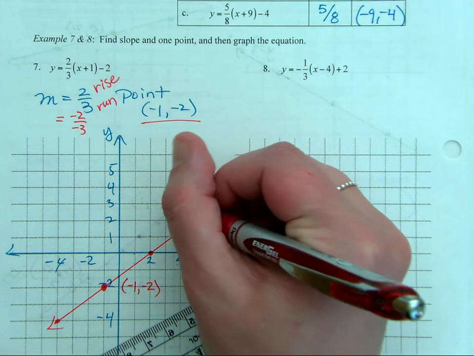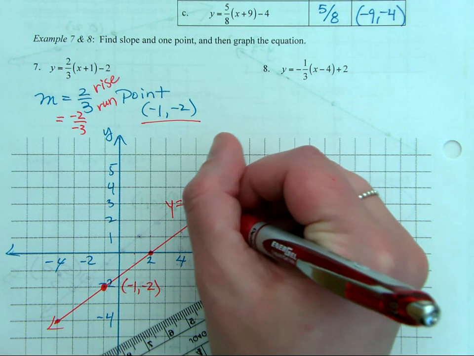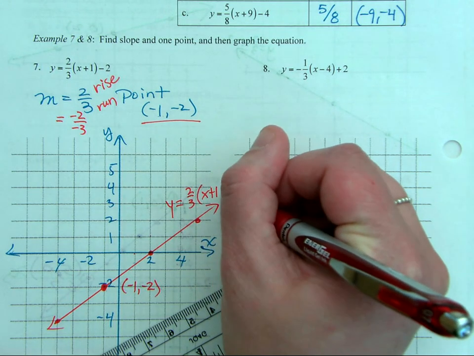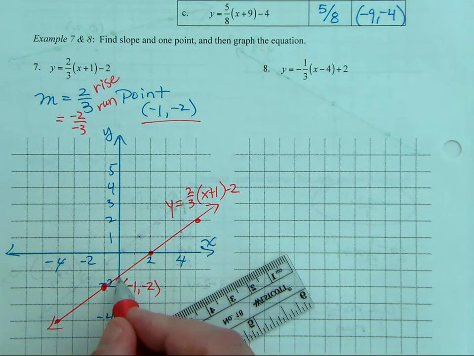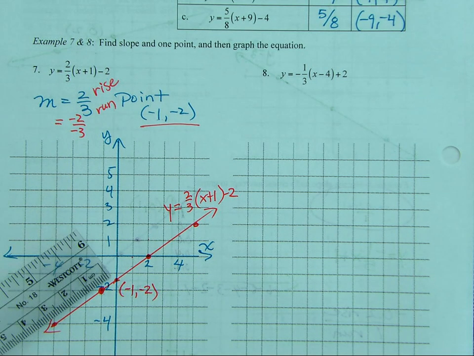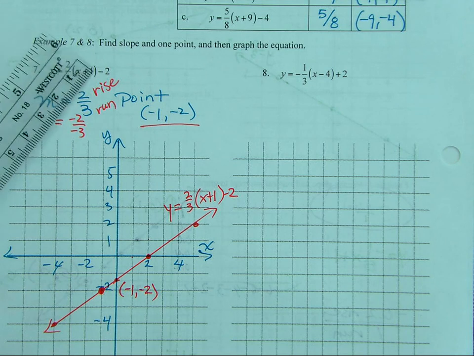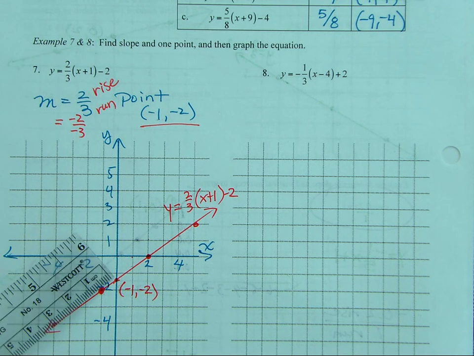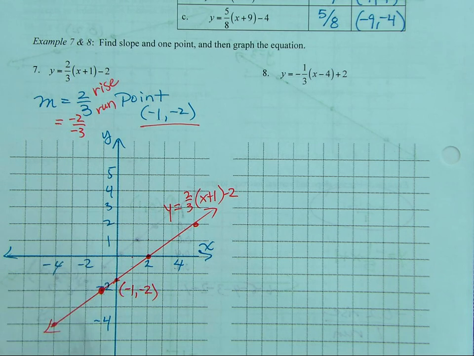So this is the equation y equals 2/3 (x plus 1) minus 2. Here, it's nice that we had the point slope form, because if you had distributed and solved for b, you'd see that your y-intercept is crossing at a fraction, right? Any questions about that?